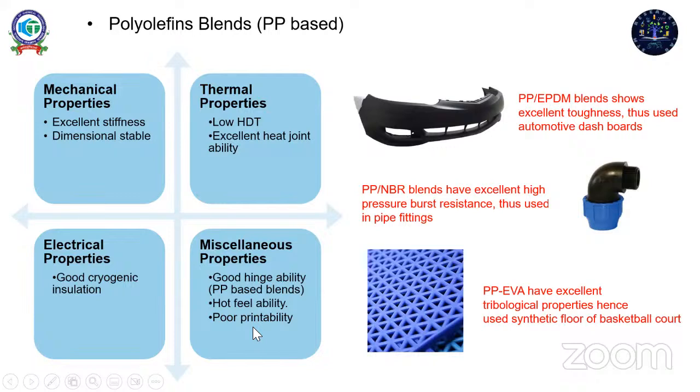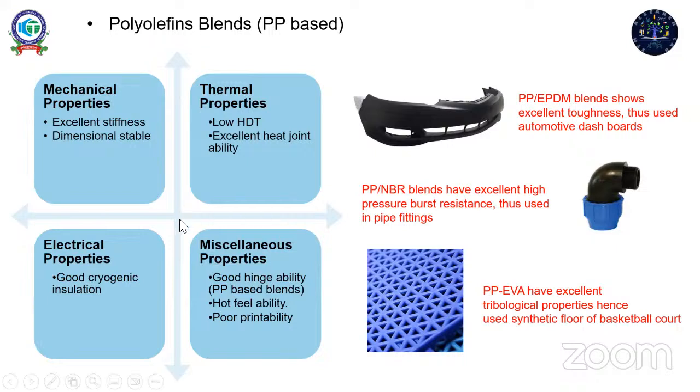Polypropylenes are mostly polyolefins, so polypropylene surface energy is very low, and due to this, these materials have poor printability. It means if you go for printing something on the polypropylene material, you won't be able to print it properly.